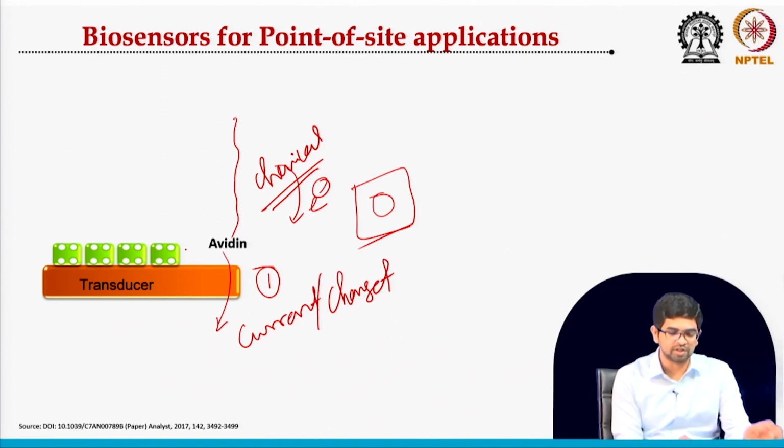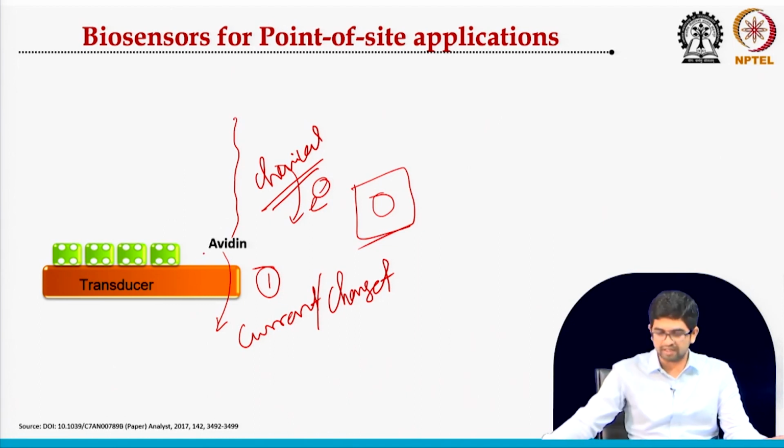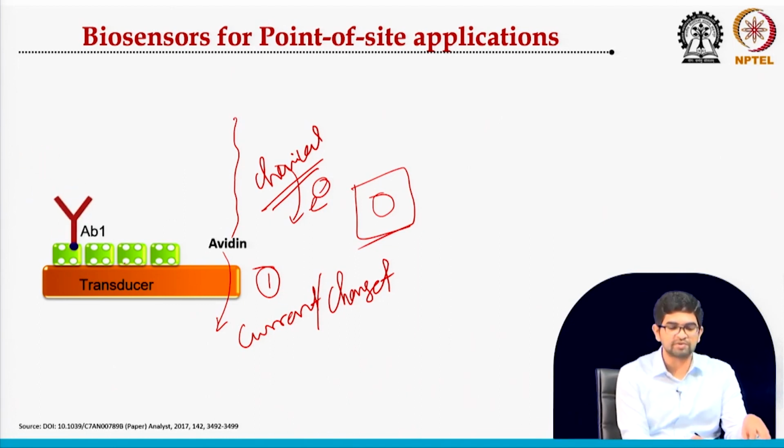So, we will use avidin, and that avidin helps to immobilize the antibody. AB1, as we mentioned, is the primary antibody, meaning the first antibody that will be immobilized on the sensor surface, and it will help to target your analyte, or your biomarker.